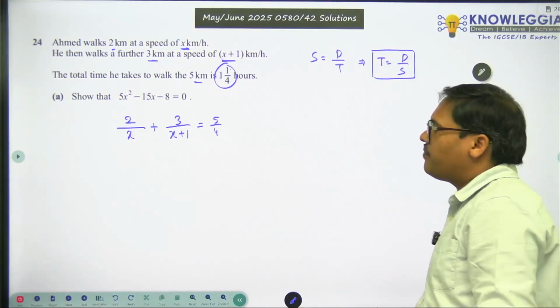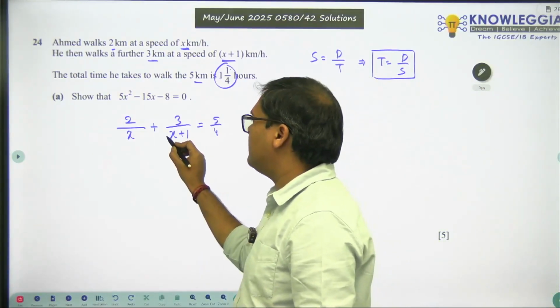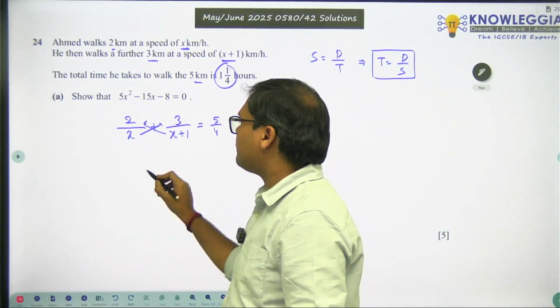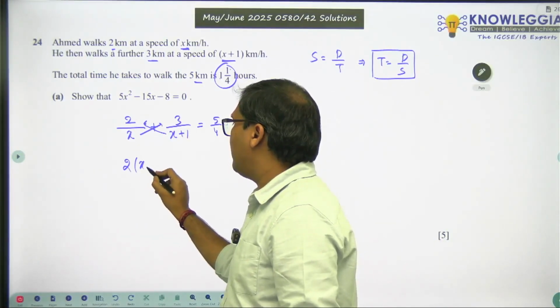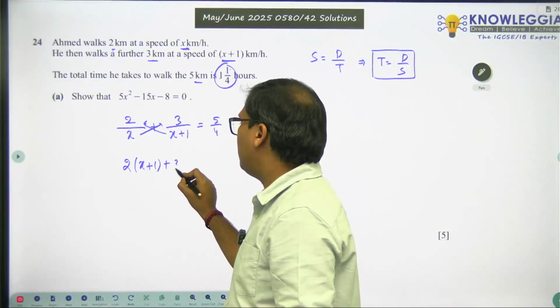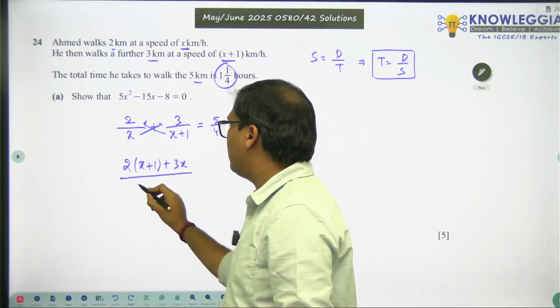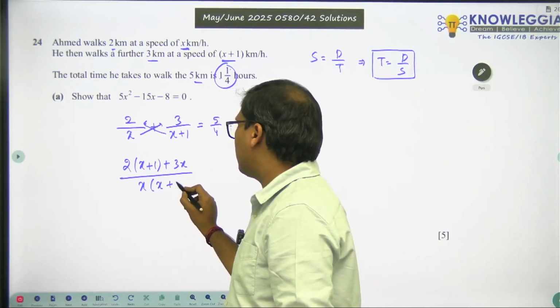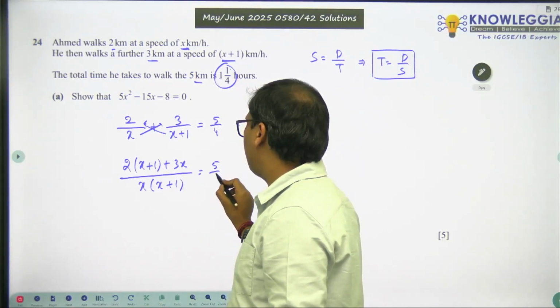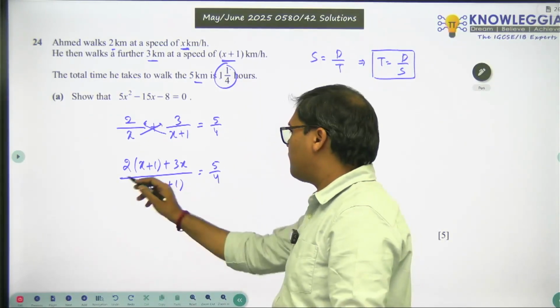Now we will simplify this. How to simplify these fractions? You can see I can cross multiply. So this is 2 times x plus 1, plus 3x, divided by x into x plus 1, equal to 5 upon 4. So you can further simplify this.